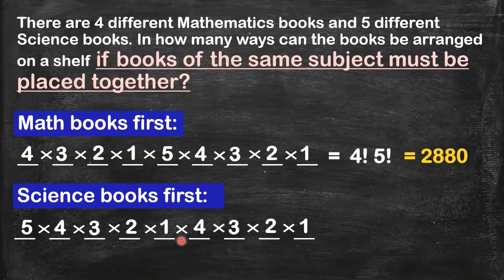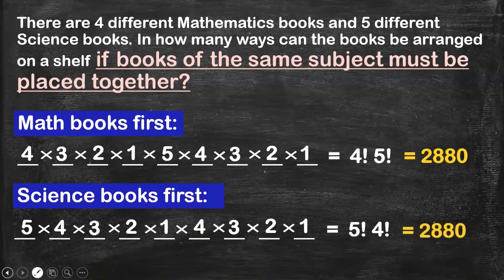So, if you check, it's equal to 5 factorial times 4 factorial. Ito yung 5 factorial tapos ito yung 4 factorial. And of course, if you do the math, this is also equal to 2,880. So what is the answer to this question?